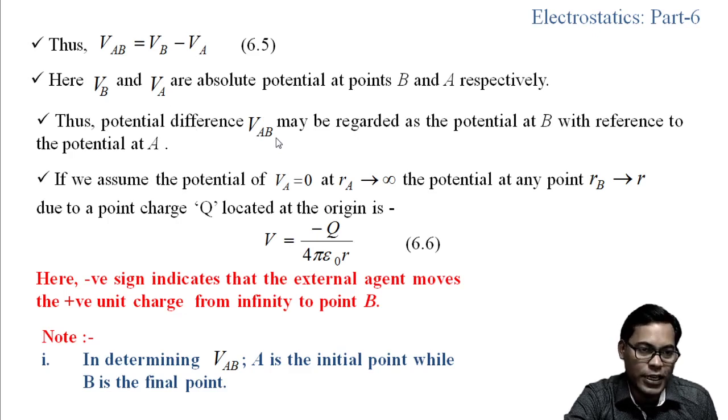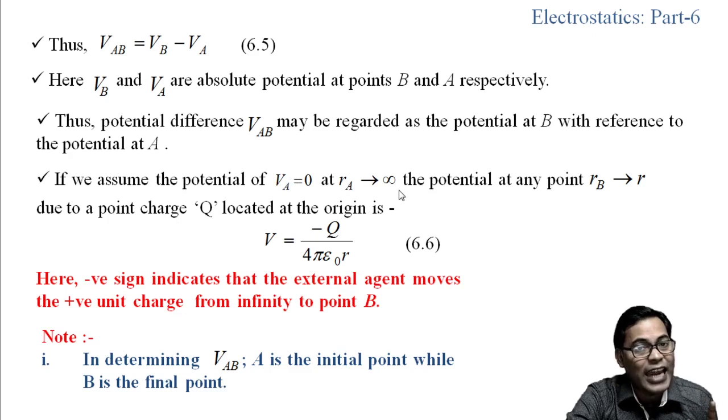Now if we consider the potential VA equals 0, that is the initial position where the potential is 0, we get that only if RA, the distance vector from the origin to the point where we have VA, is at infinity.